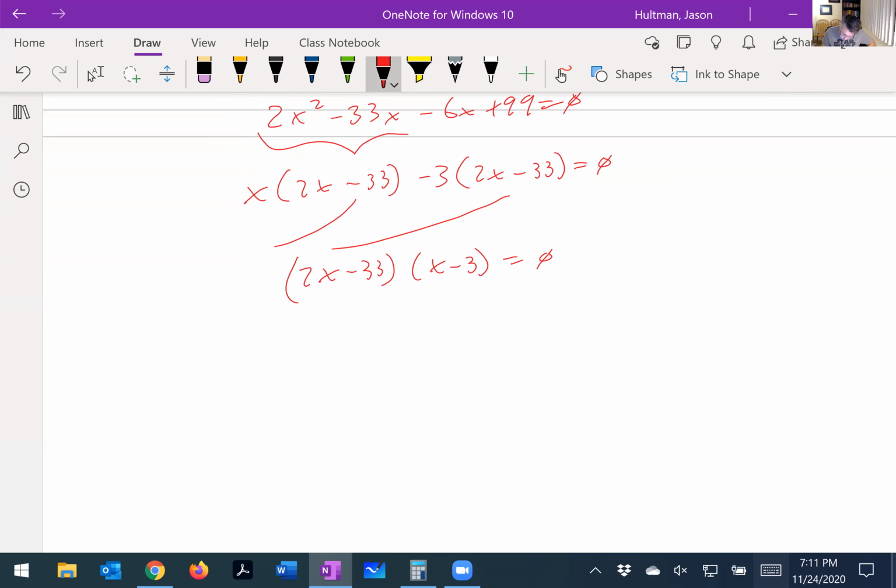So setting this equal to 0, 2x minus 33 equals 0, or x minus 3 is equal to 0, and we get x equals 3. Here, 2x equals 33, so x equals 33 divided by 2, which is 16.5. So which one do we take? Well, when we're talking about goods and services, we're going to get some sort of equilibrium point.